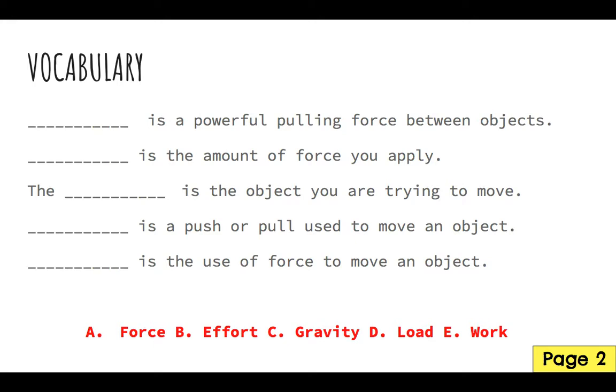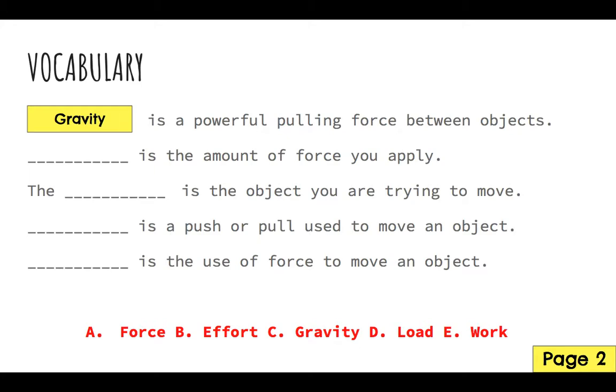So that first one, a powerful pulling force between objects. Pulling away. Okay? Think of pulling away or pulling closer to is actually gravity. So the earth actually pulls us onto it.